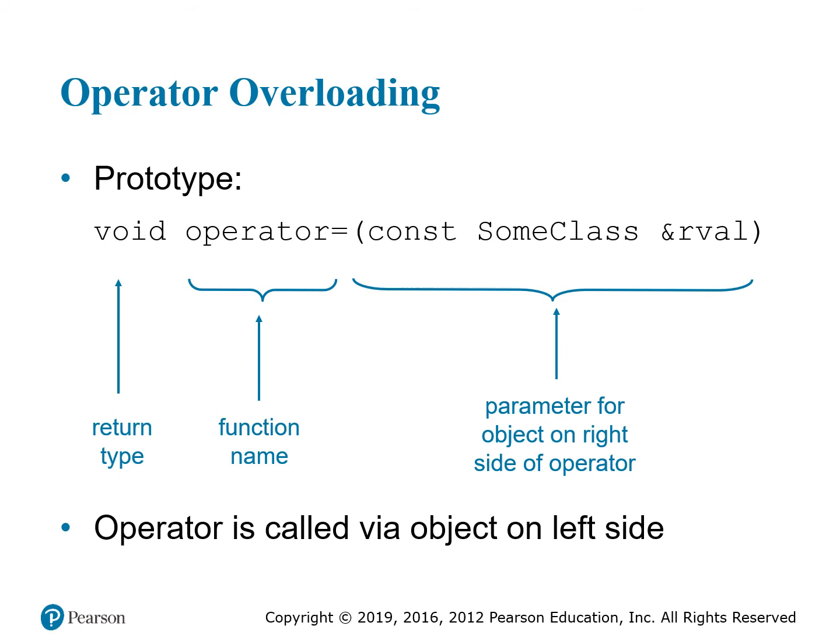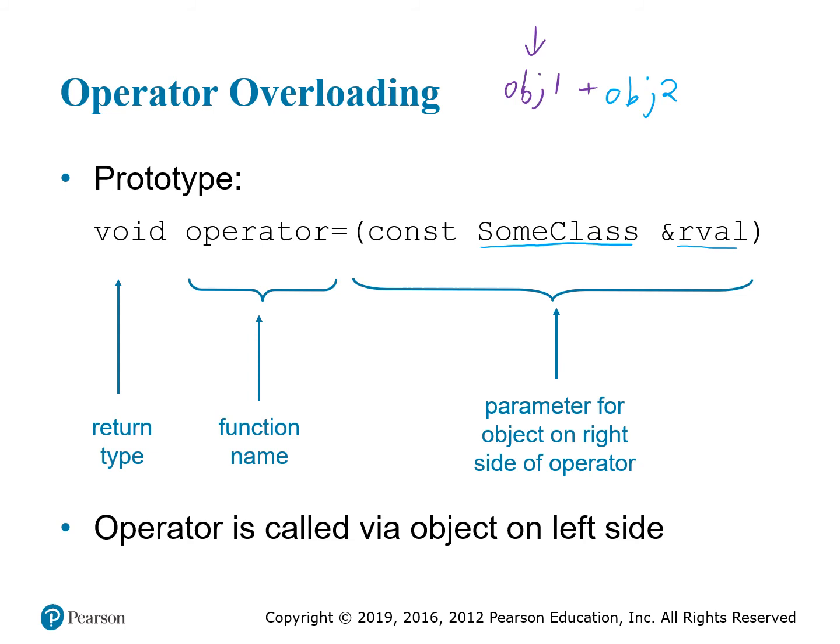So here's how operator overloading works. Void operator equals constant, same class type. Sometimes it's called an R-val because it comes in on the right side of the operator. Okay, so if you have object 1 plus object 2, it's the one on the left side who gets the call.